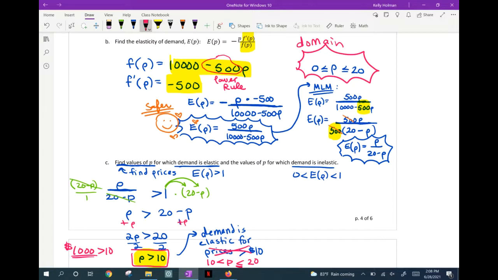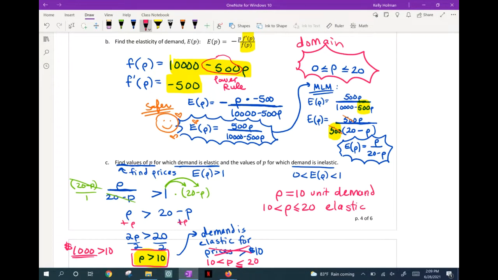Technically less than or equal to 20. We don't want to say less than or equal to 10 because when P is exactly equal to 10, that will be your unit demand. So if you're exactly equal to 10, you're in your unit demand. If the price is greater than 10 but less than the domain restriction, that's going to be elastic.